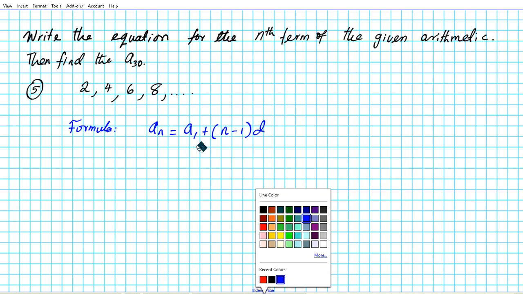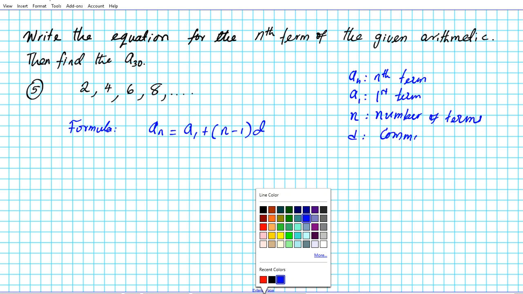Alright, so let's specify what these components mean. Let's state them on the side. So an is the nth term, a1 is the first term, n is the number of terms, and d represents the common difference.